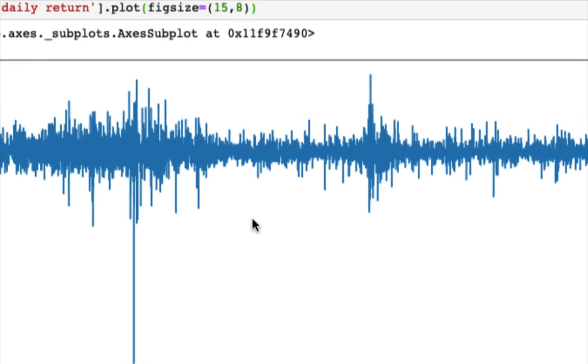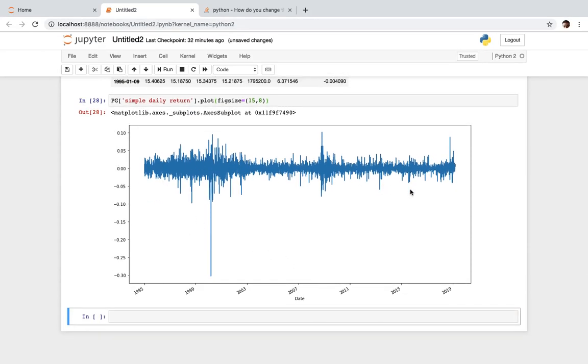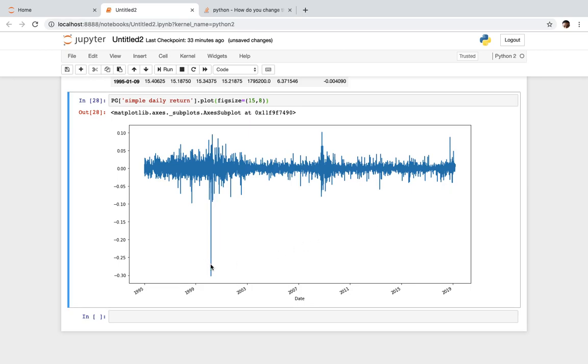This is the daily rate of return between 1995 and 2019 for Procter and Gamble. Whenever you see a picture like this, you should immediately say something. There's a mistake here. This is pretty unbelievable. Minus 30% on the same day. Well, it can be on the closing price, because maybe a dividend was issued or the stock was split. If a stock is split in two parts, each of the new stocks is worth half of what it was before, so a drop of 50%.